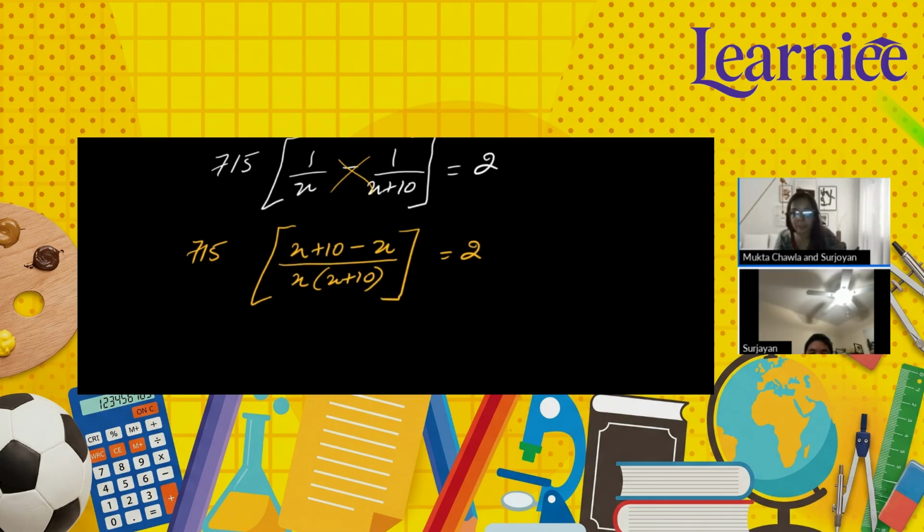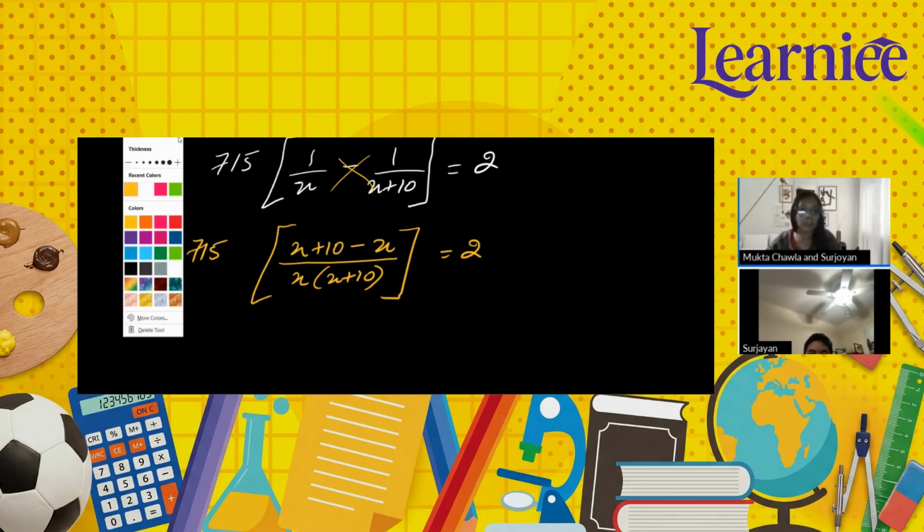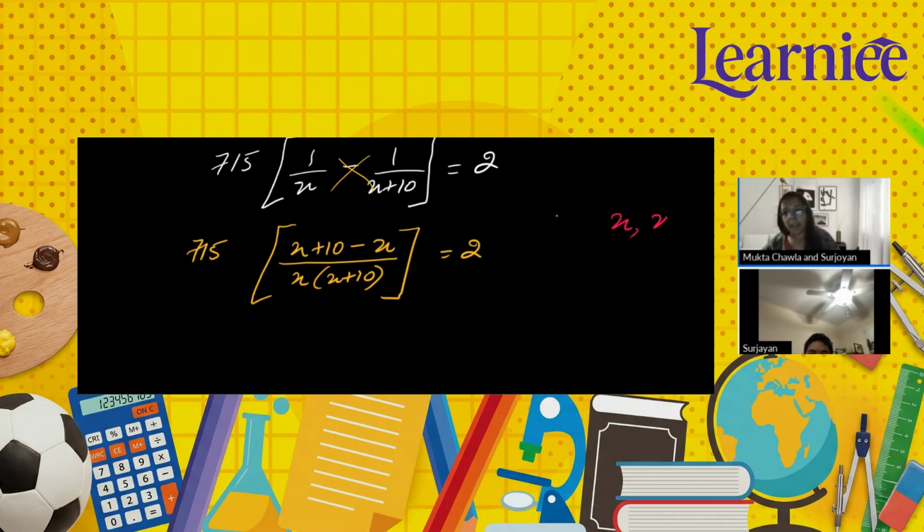Why did you put x into x plus 10? In which part? In the last step you are asking? In numerator or denominator? The denominator. In the denominator, x plus 10. This I have taken as LCM, right? See, I'm doing it in pink on the right hand side, right? How do we take LCM? x and x plus 10, right? So these two cannot be solved together because one is x and the other one is x plus 10, right? So what could be the LCM?